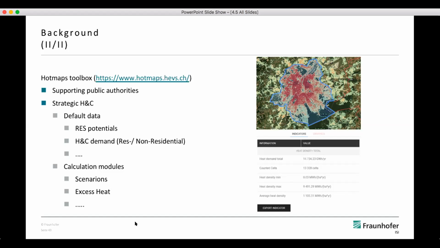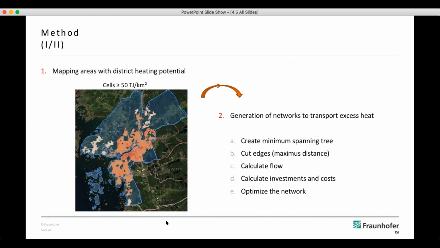So in the end we are calculating prices to transport excess heat to potential district heating areas based on network analysis. And the method is basically implemented in two larger steps, I would say.